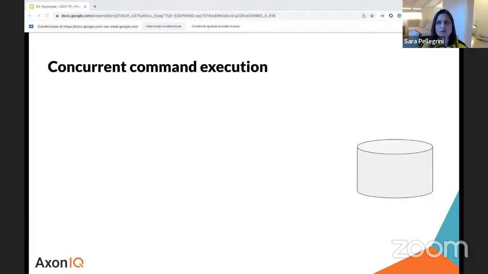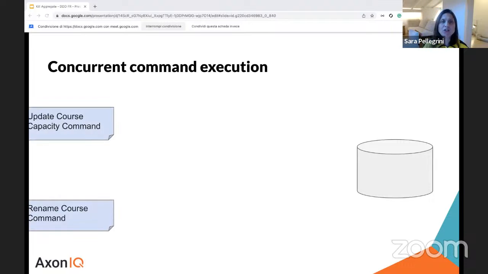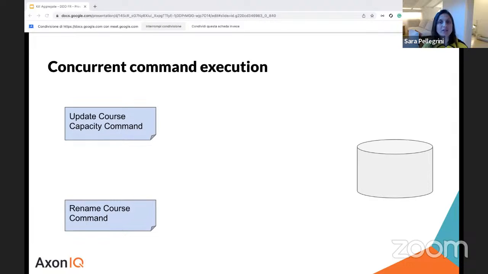The first requires the capacity of the course to be updated, and the second requires the course to be renamed. Our instinct tells us immediately that these two operations will not conflict. They do not influence each other, right?